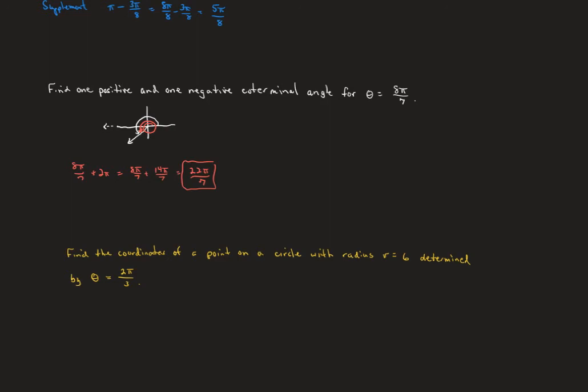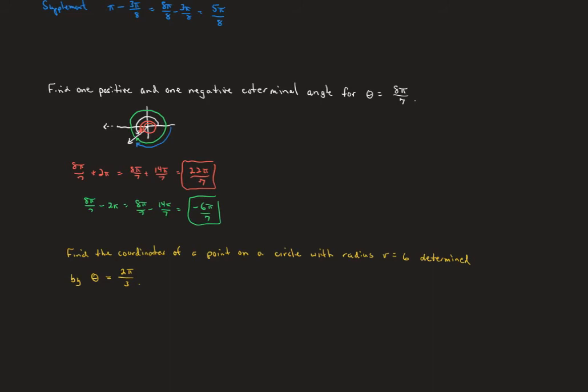For a negative coterminal angle, we can back up and go the other way and end up in the same place. So that's going to be 8 pi over 7 minus 2 pi. So that's our 8 pi over 7 minus 14 pi over 7, and that's going to be a negative 6 pi over 7. So that's going to be our negative coterminal angle.